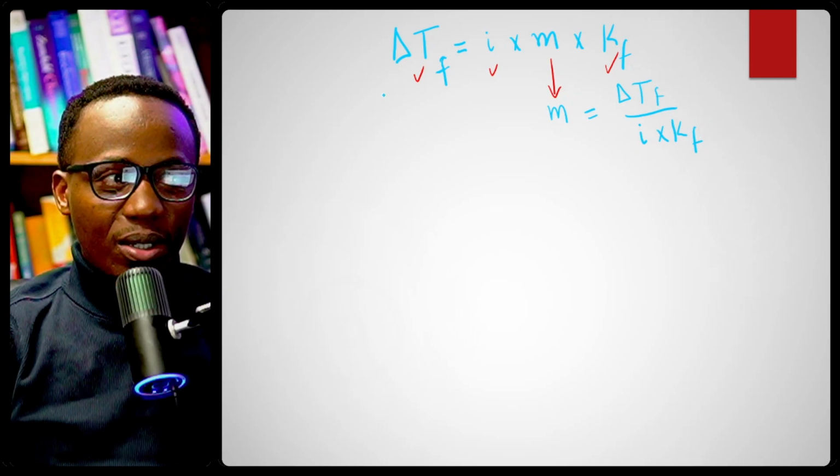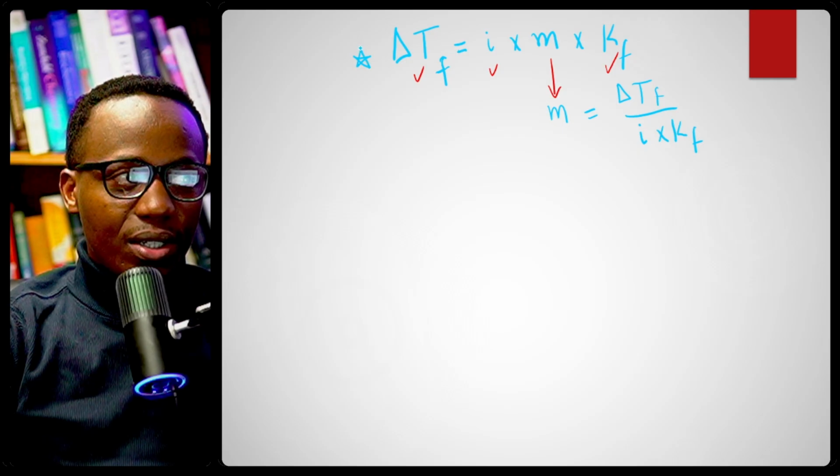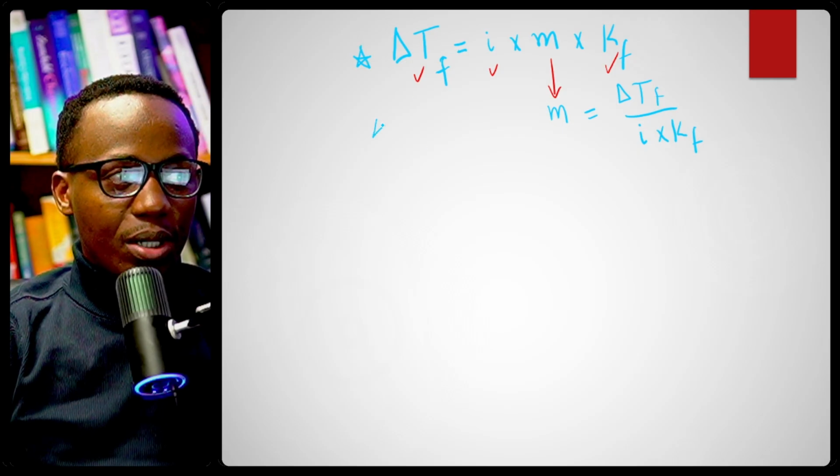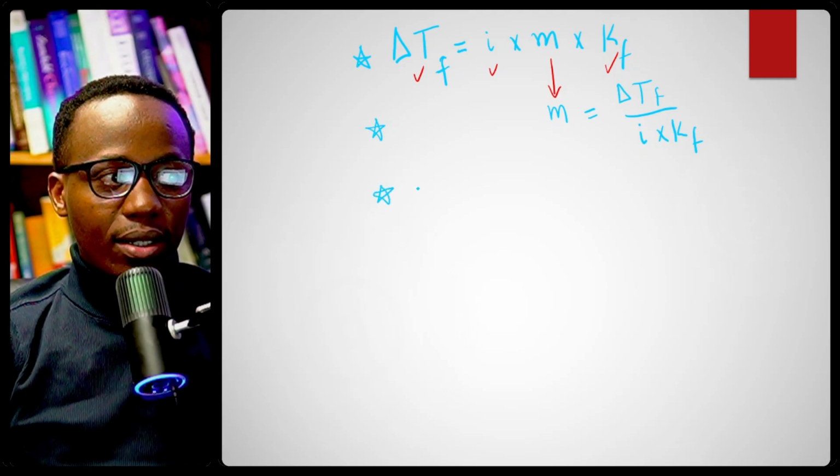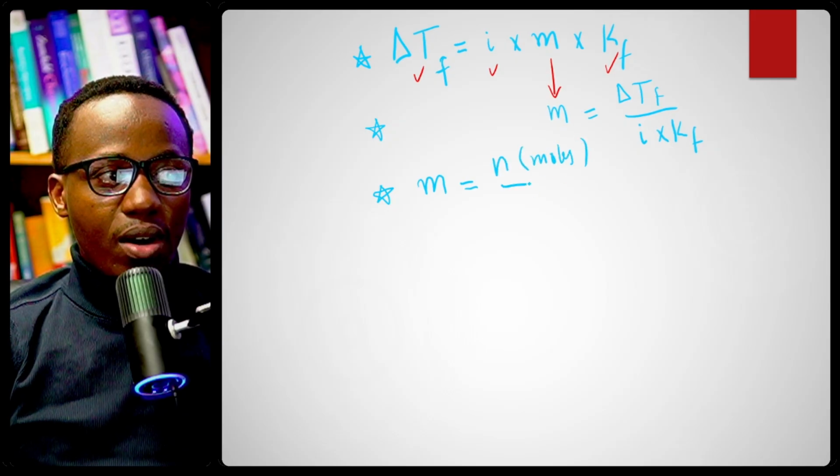Now, this is the first equation, and that will be the second equation. We know also that the molality is equal to n, which is moles, over kilograms of solvent.